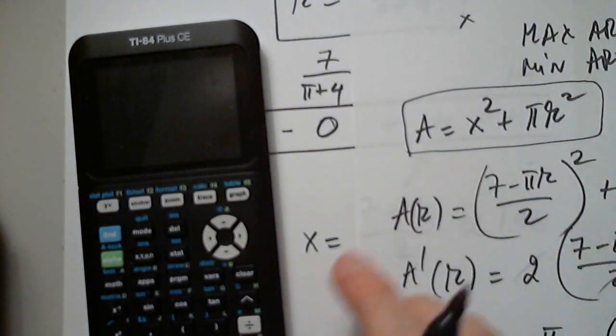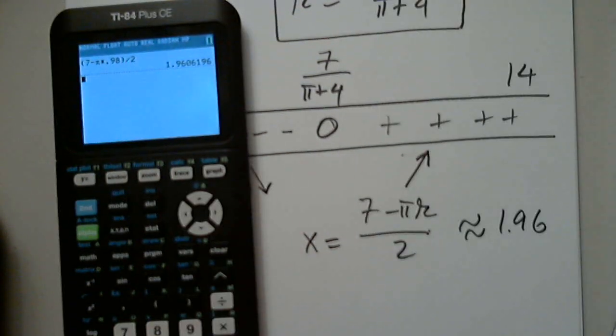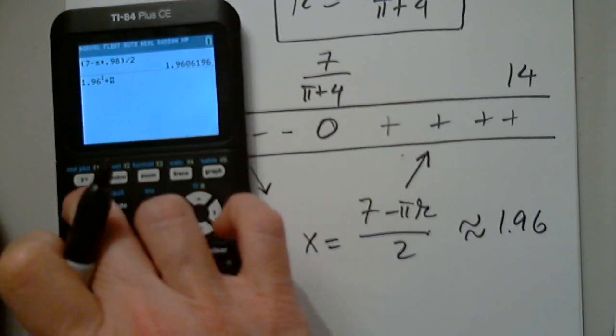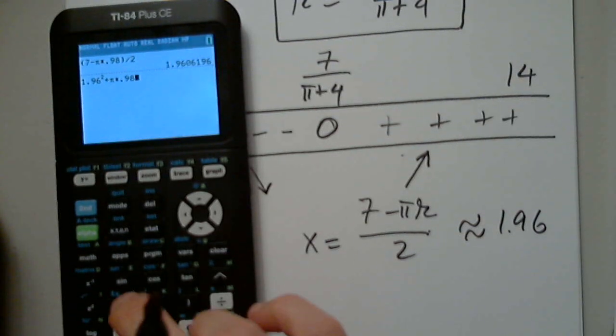So I'm back now to the area. So x squared, 1.96 squared plus pi times 0.98 squared.